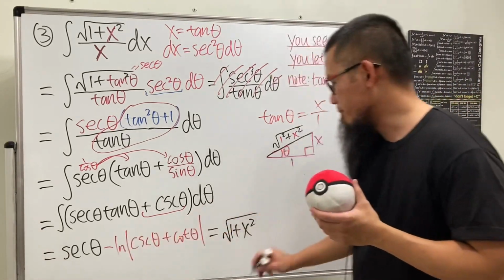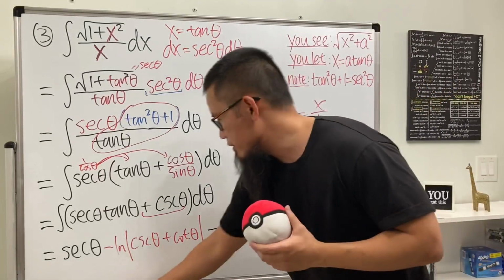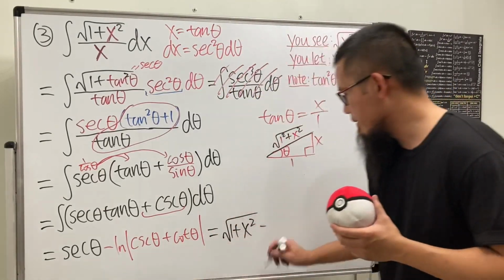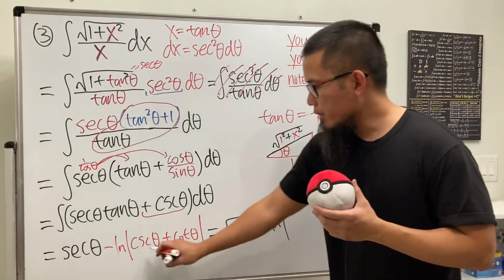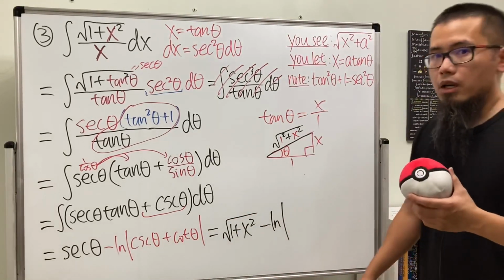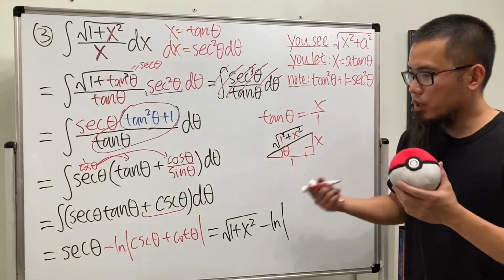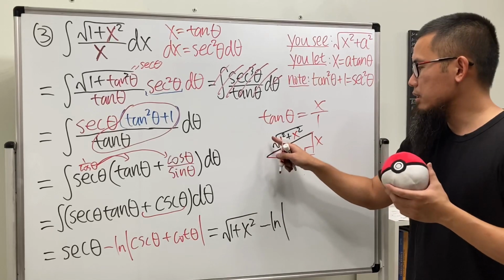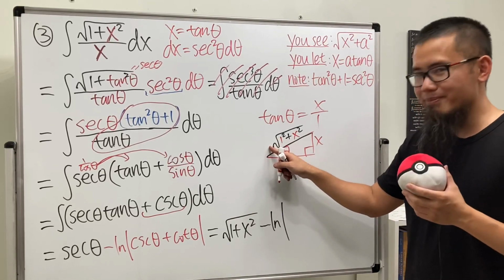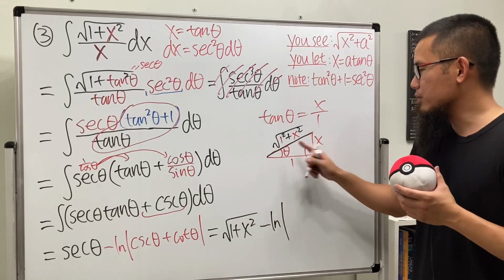Next, we will have the minus. And then we have minus ln absolute value. And for the cosecant theta, cosecant is the reciprocal of sine, and cosecant is just hypotenuse over opposite. So this over that.